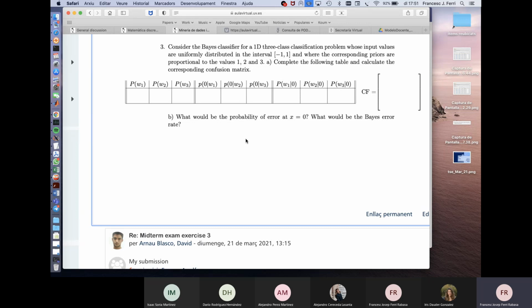Given any input between -1 and +1, how are we deciding each of the three classes? Because without this, you cannot go on. What's the Bayes classifier?